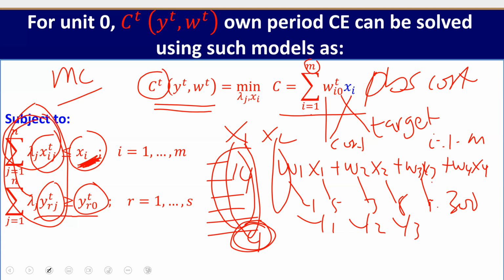Okay, Doc, my question is, is it because we are dealing with the distance function that the theta no longer comes in for the constraint? No, we are not dealing with that because we are not minimizing the input here.